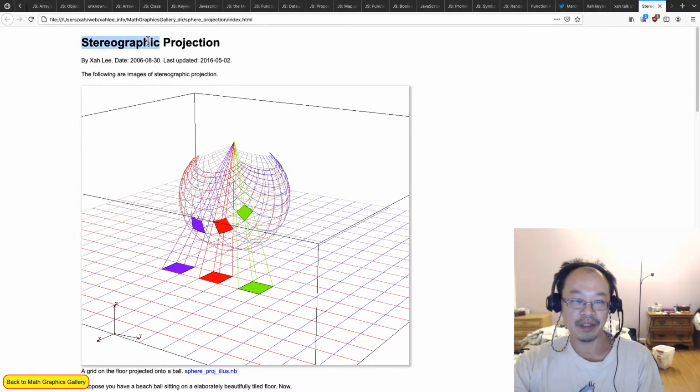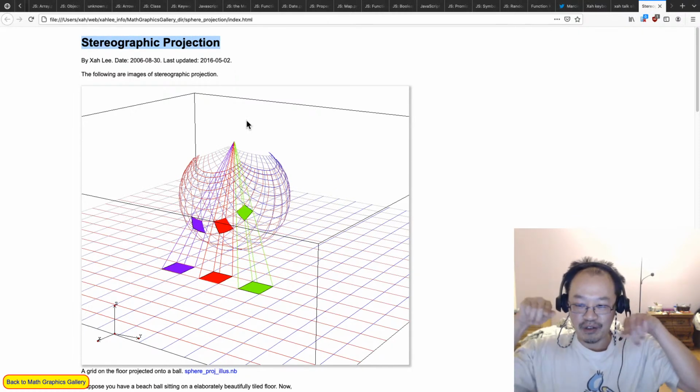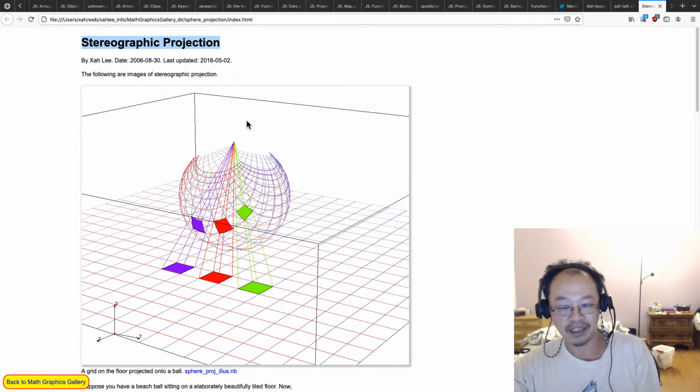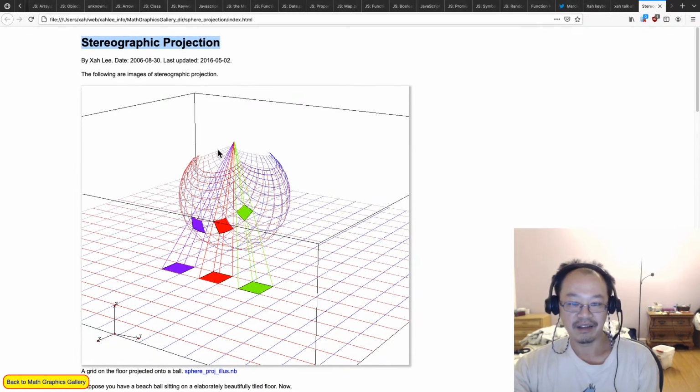Now the word stereographic projection is bad jargon, because what does it mean, stereographic? When you see the word stereographic, you imagine it being three-dimensional, like realistic. That's not what it is. So it's pretty bad jargon. It would be better to call it spherical projection or something like that.